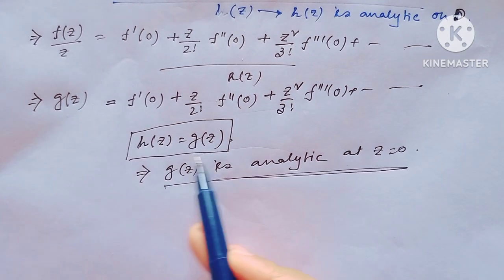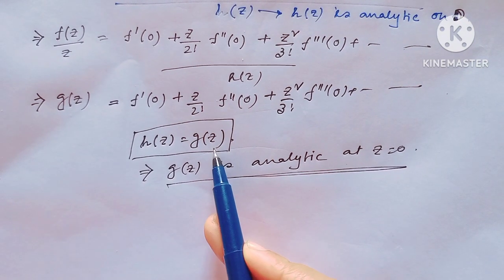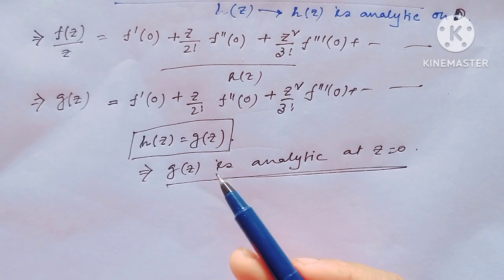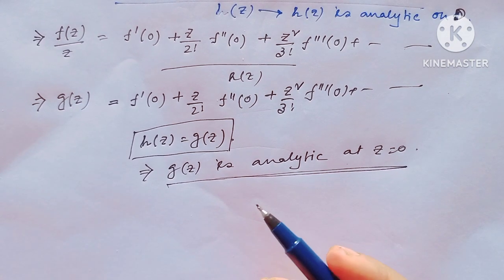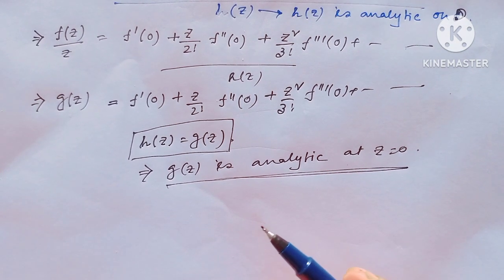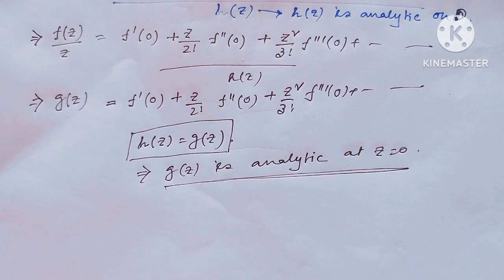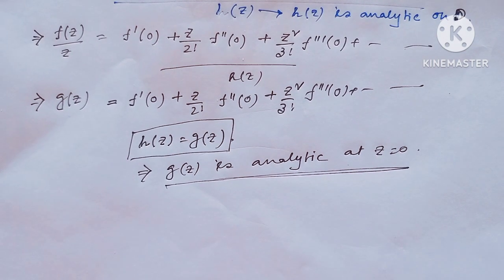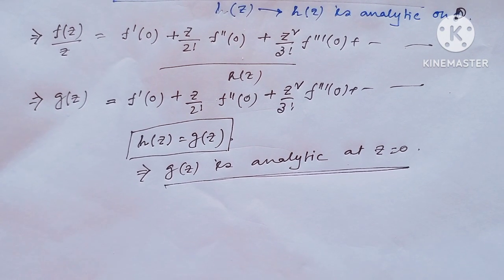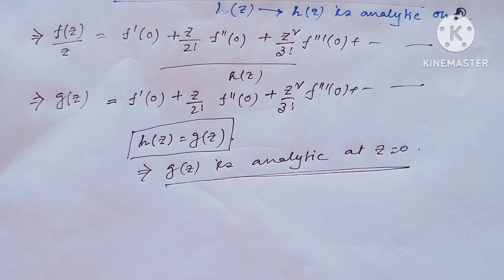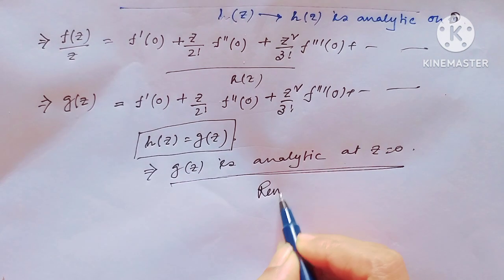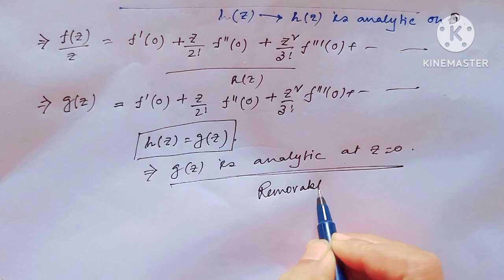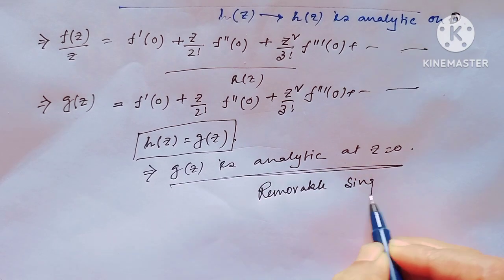Since Az equals Gz, that means we can extend G to Az, where Az is analytic on whole D, and this type of singularity is actually removable singularity, which I will see in my next video.